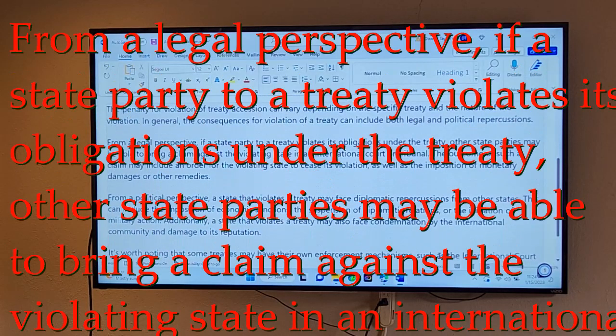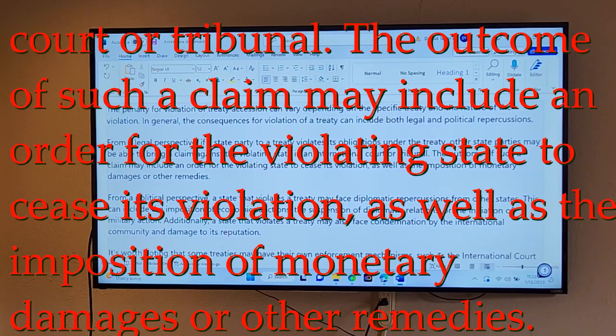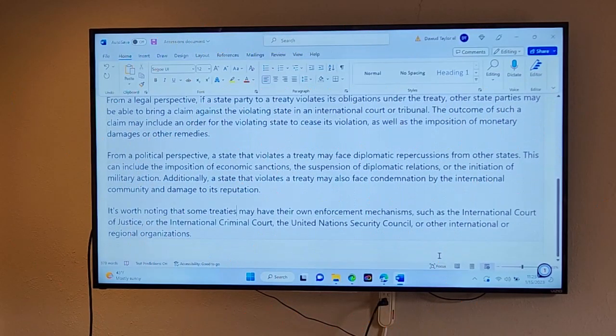From a legal perspective, if a state party to a treaty violates its obligations under the treaty, other state parties may be able to bring a claim against the violating state in an international court or tribunal. The outcome of such a claim may include an order for the violating state to cease its violations, as well as the imposition of monetary damages or other remedies.